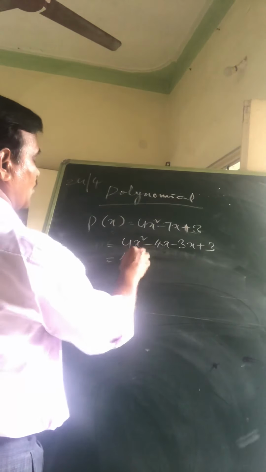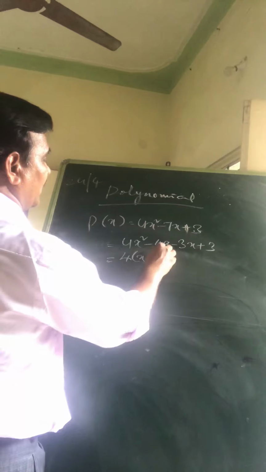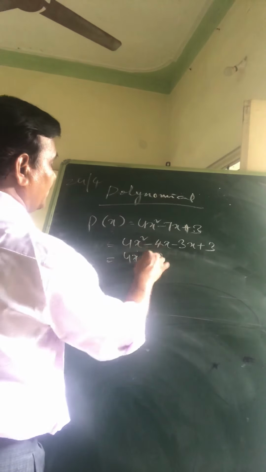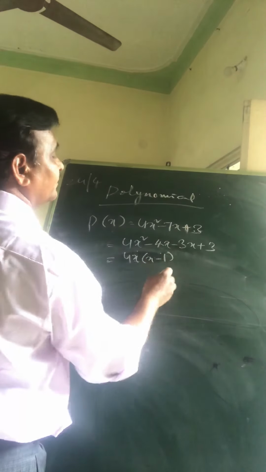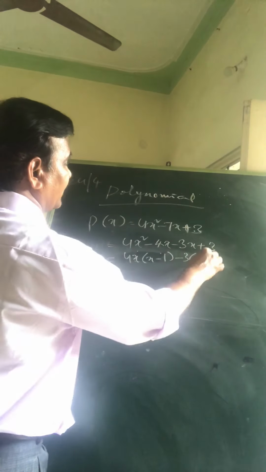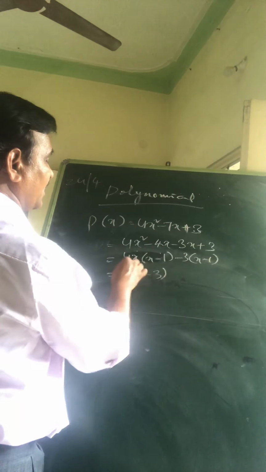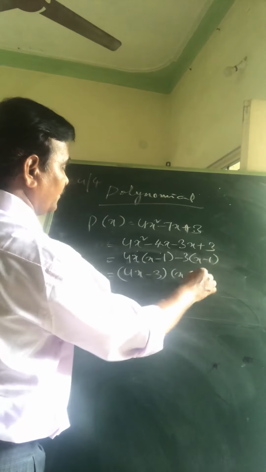Then 4x is common, x minus 1. Minus 3 is common, x minus 1. That gives 4x minus 3 and x minus 1.